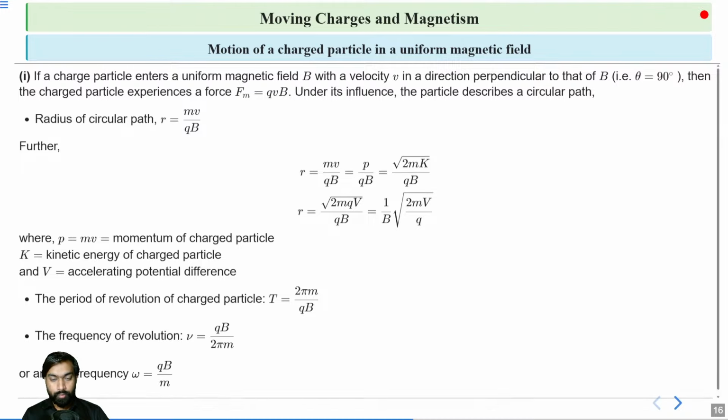And angular frequency omega is equal to qB divided by m, the rate of change of angle per second. All these formulas are very important for the exam. Here, first, the radius of the circular path is mv upon qB.